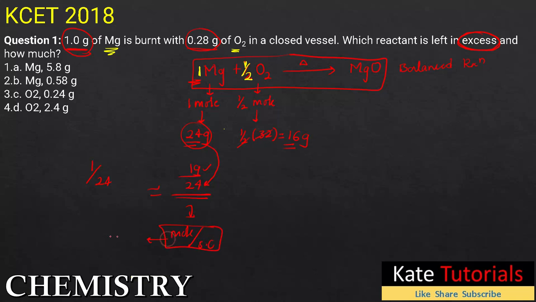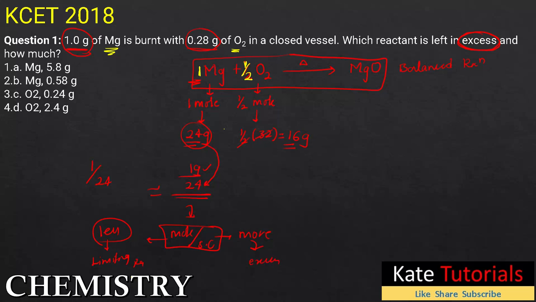If the mole per stoichiometric coefficient value is less, then that is the limiting reagent. If it is more, then that will be in excess.